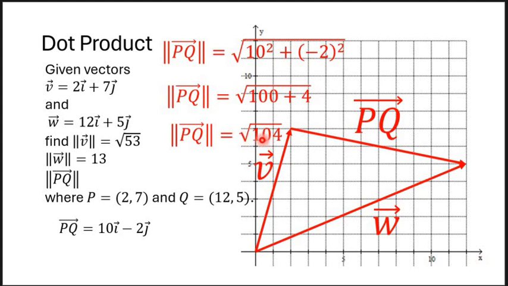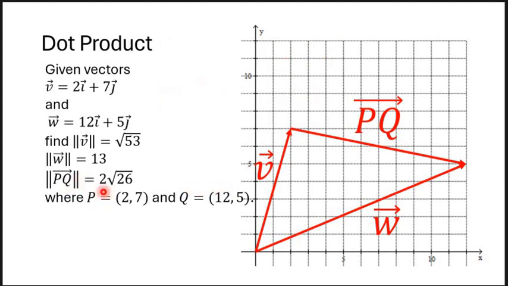We can simplify the square root of 104 because it has a factor of 4. The square root of 4 times the square root of 26, and the square root of 4 is just 2. So I get that the magnitude of vector pq is equal to 2 square roots of 26, and that is the magnitude of pq.